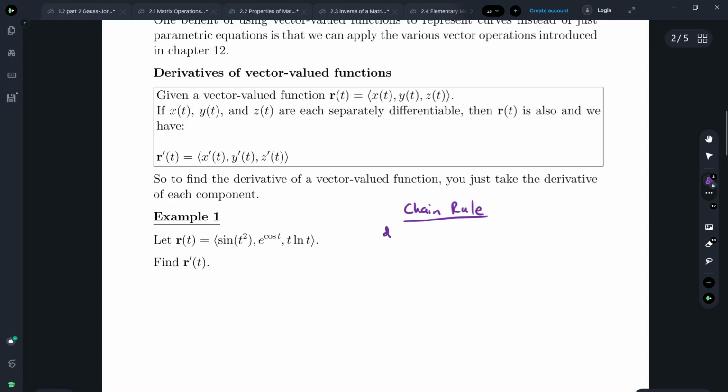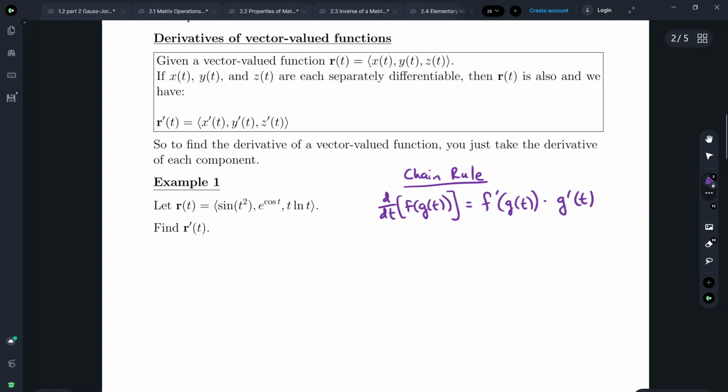So if I want to differentiate some composition, say f of g of t, where the inside function is g and the outside function is f, then the chain rule formula is f prime, where the g stays the same, times g prime of t.